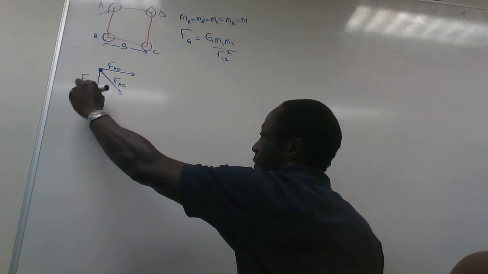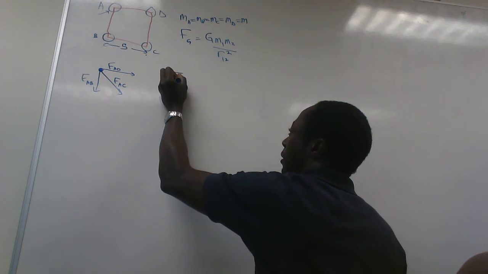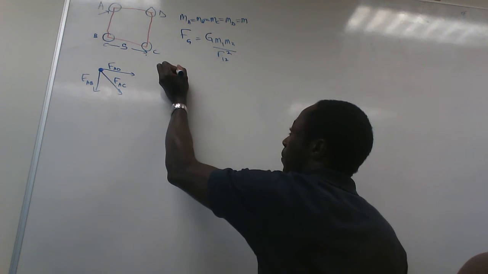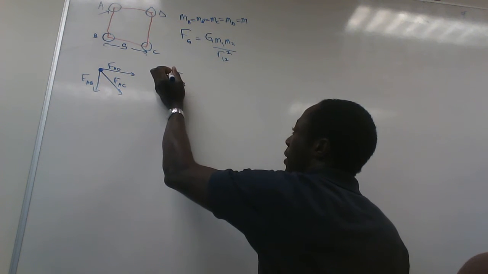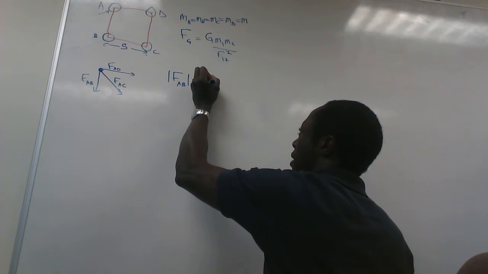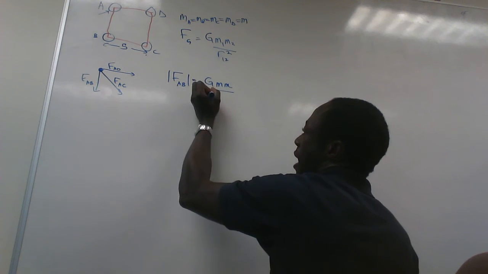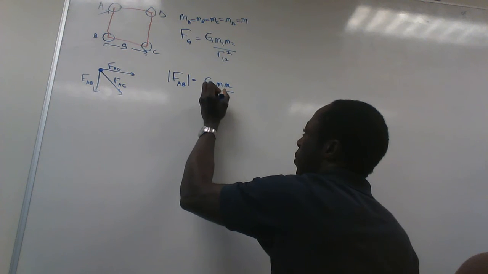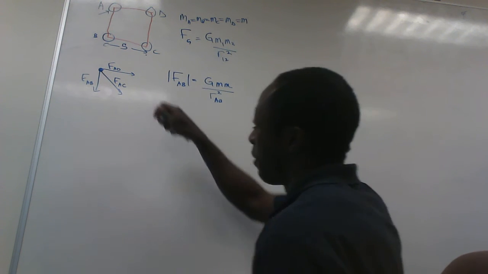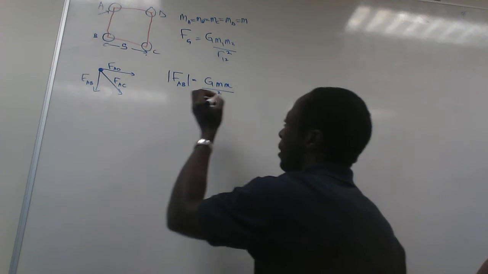Alright, so let's start off with FAB. We just find the magnitudes for now. FAB will be equal to G times M squared over RAB squared, and in this problem the distance between A and B is just the side of the square.